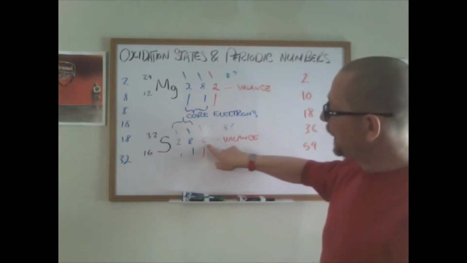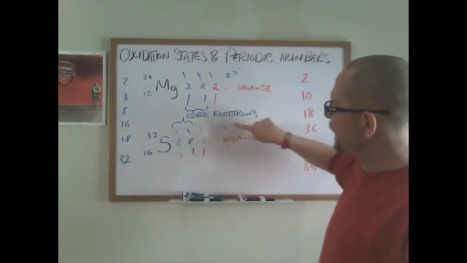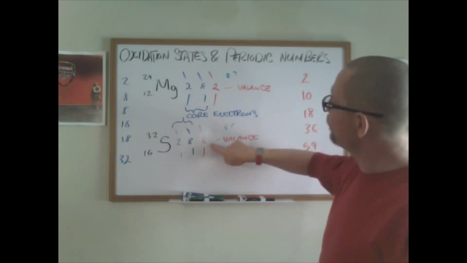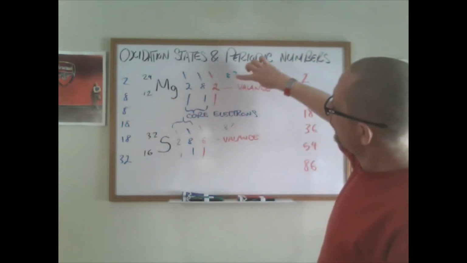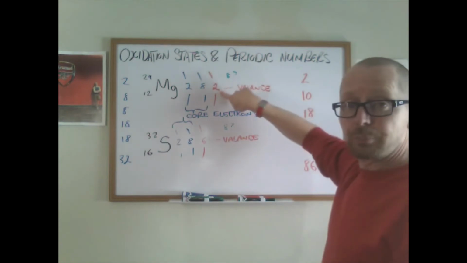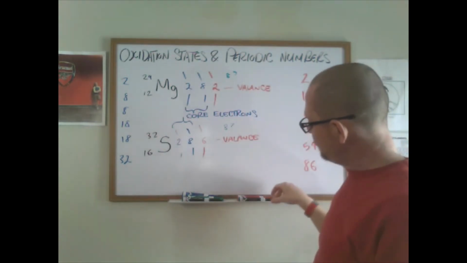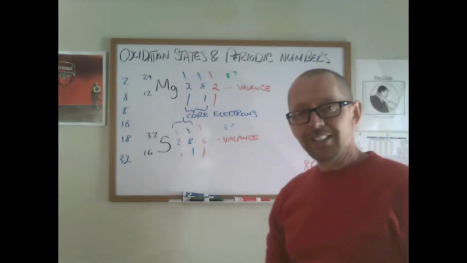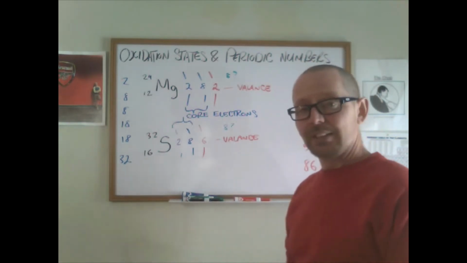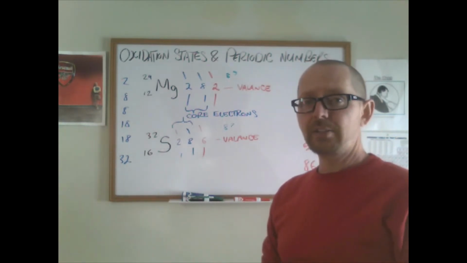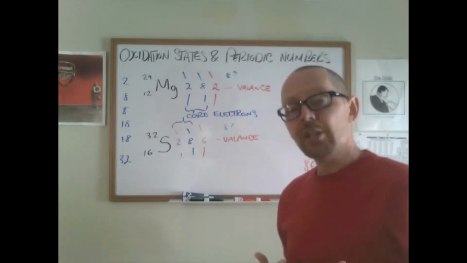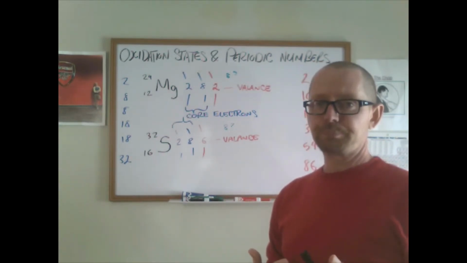In my valence shell for sulfur, I can fit 8. I've got 6. For magnesium, I can fit 8. I've got 2. And so the question becomes, is it easier to empty your valence shell or to fill your valence shell?